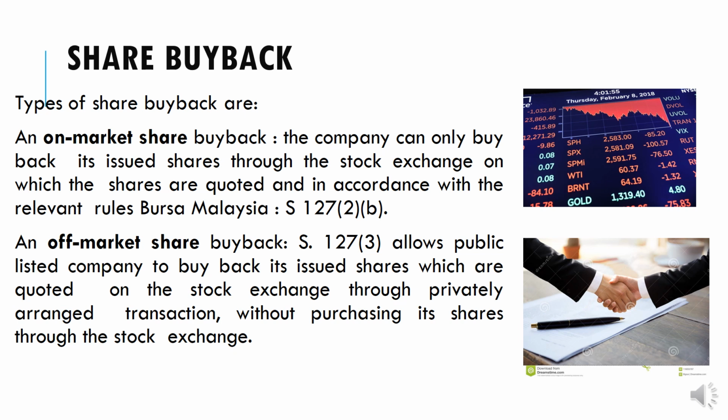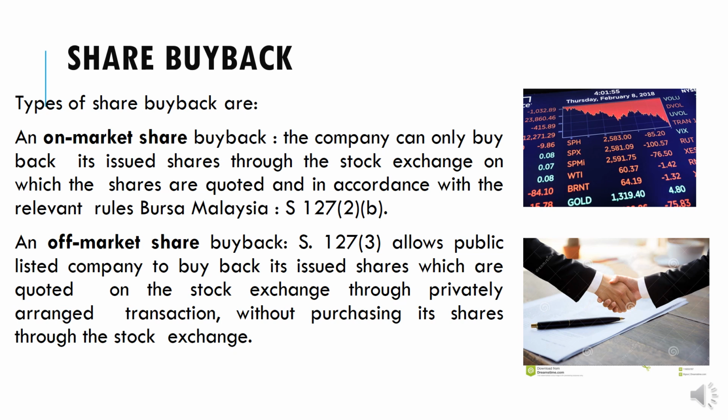Okay. Types of share buyback: first, on-market share buyback. The company can only buy back its issued shares through the stock exchange on which the shares are quoted and in accordance with the relevant rules of Bursa Malaysia. This is provided under section 127, subsection 2, subsection B. Okay, it's an on-market share buyback. And the second type, an off-market share buyback.